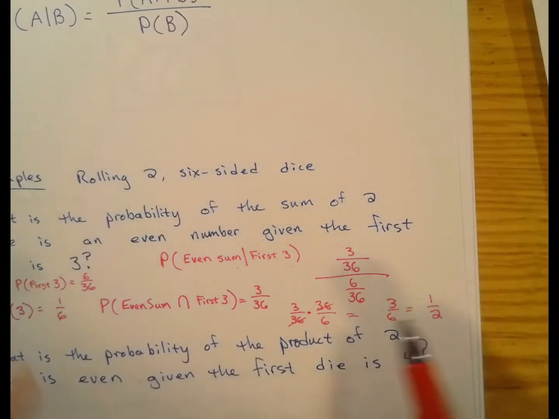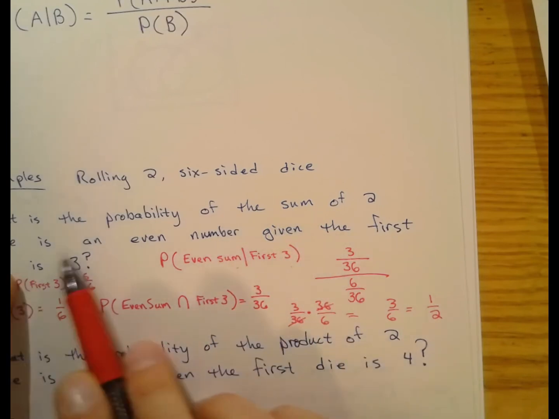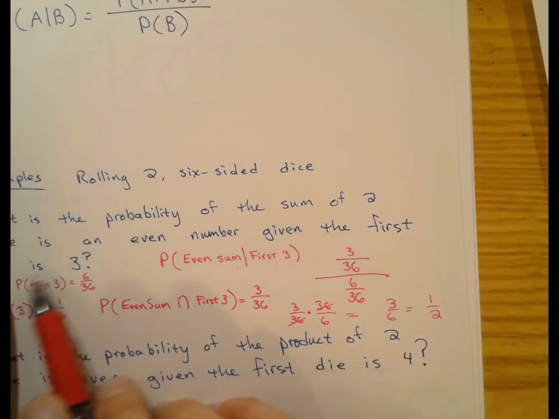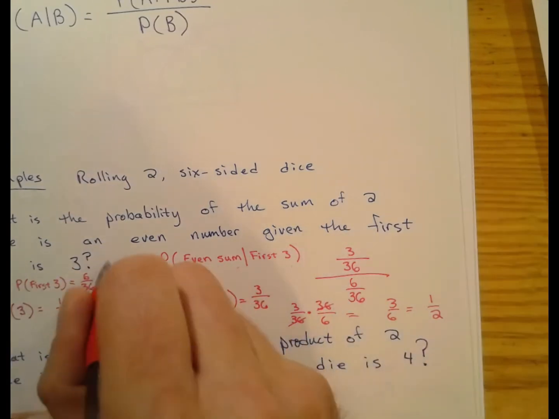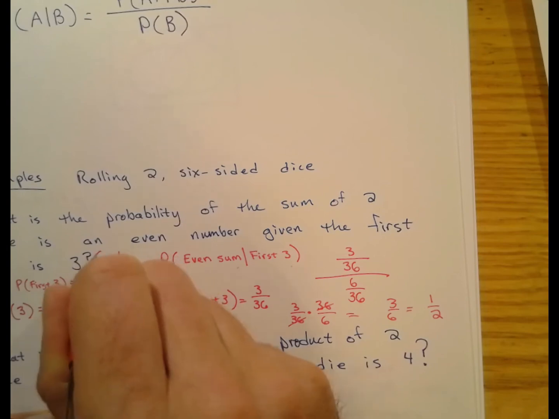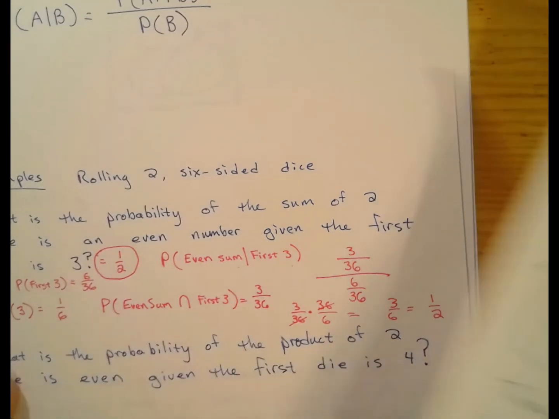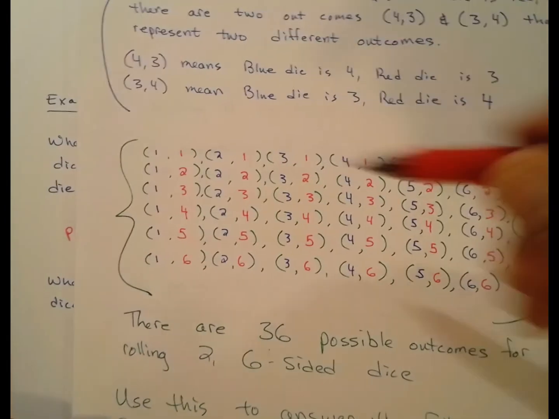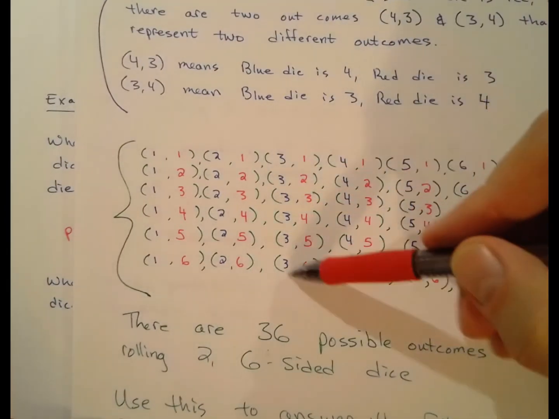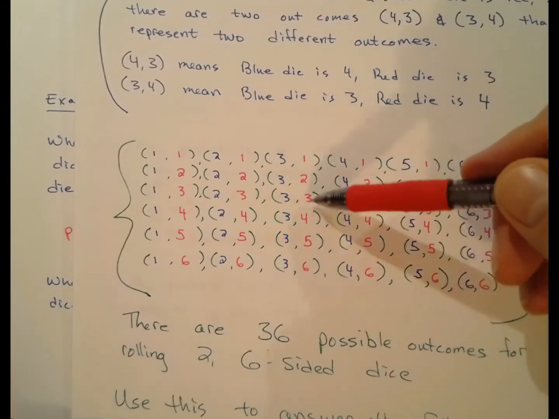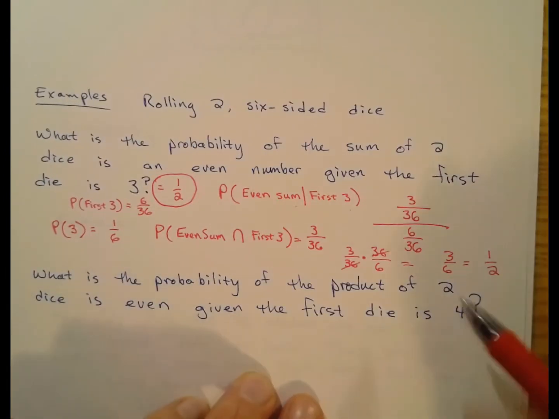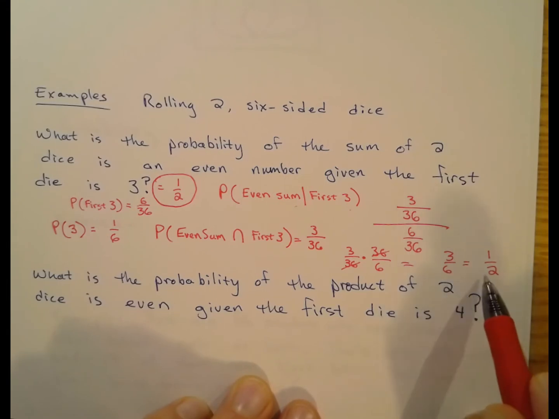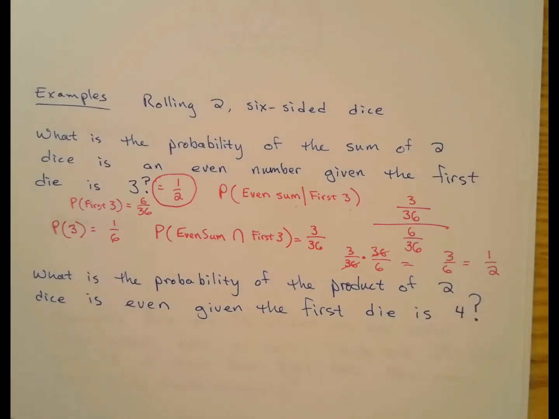So the probability that the sum of two dice is an even number, given that the first die we rolled was a 3, is actually 1/2. We can see this informally here: there were 6 outcomes where the first die was 3, and 3 of those 6 were even sums. That simplifies to 1/2, 50%.